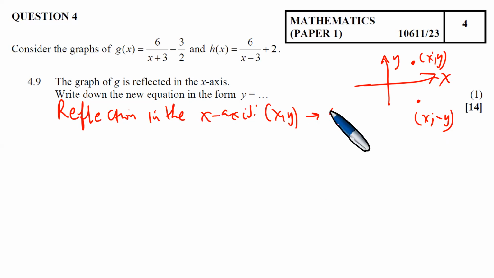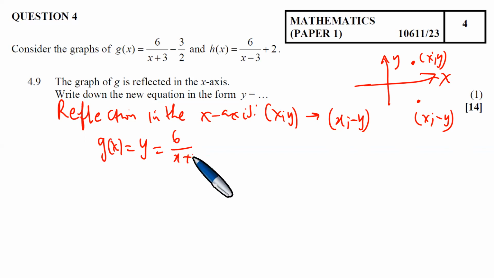So this point is going to be transformed into x is going to be there, then y is going to become negative. So at the end of the day, the graph of G is reflected in the x-axis. Write down the new equation in the form that. So the new equation is that y is going to become negative in G. So we have therefore that y is G, or G of x is actually y, which equals 6 over x plus 3, and this is minus 3 over 2.